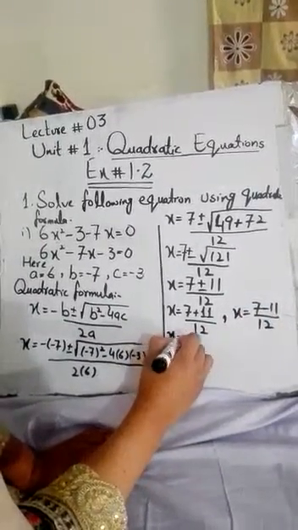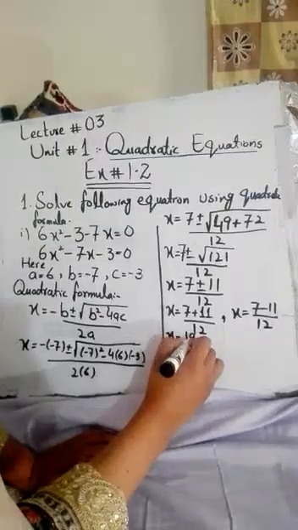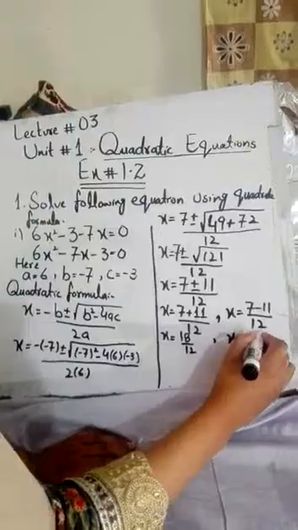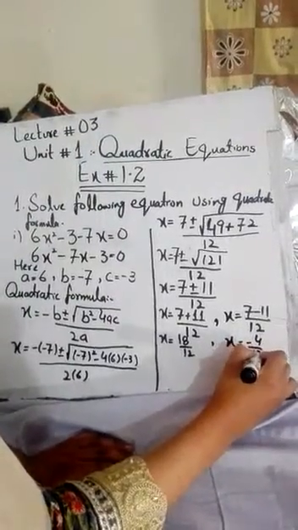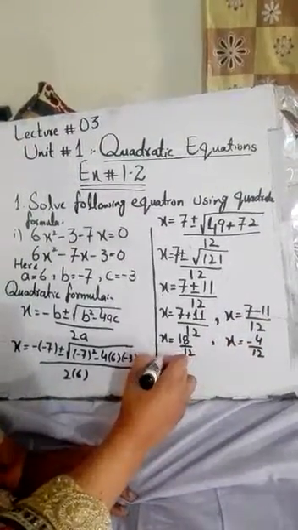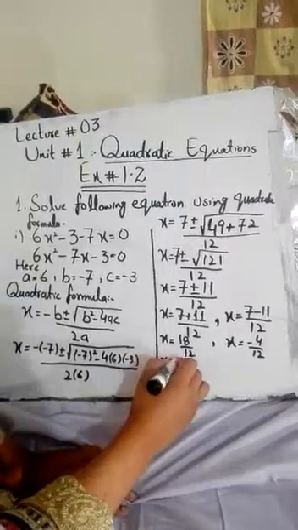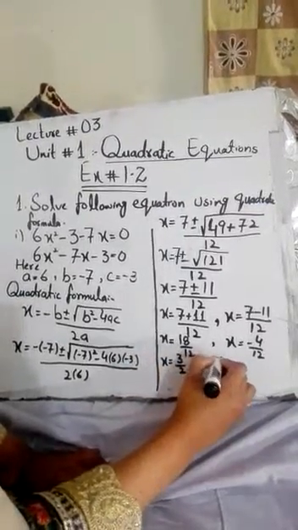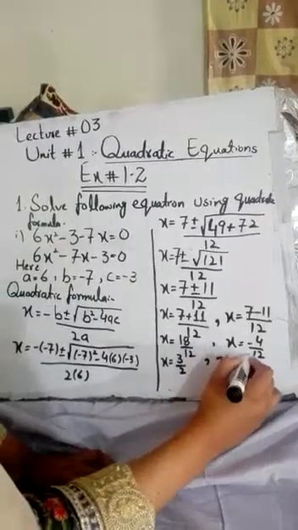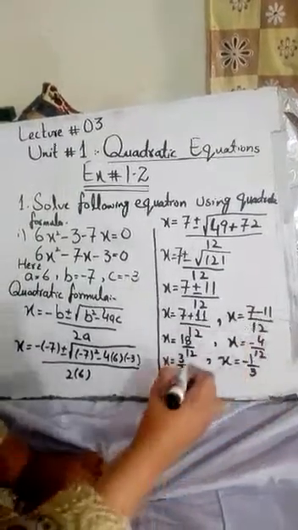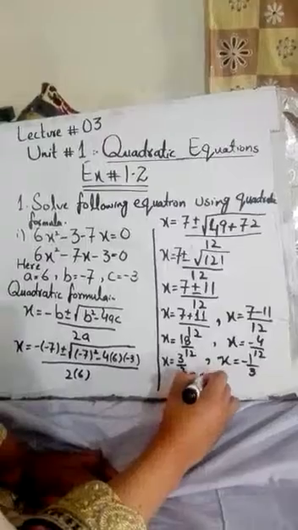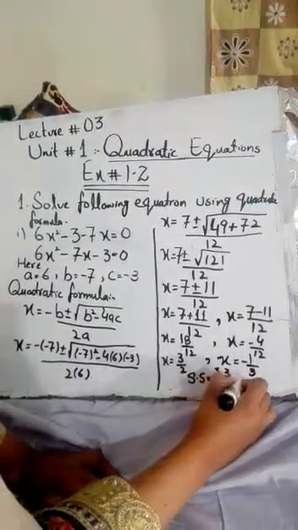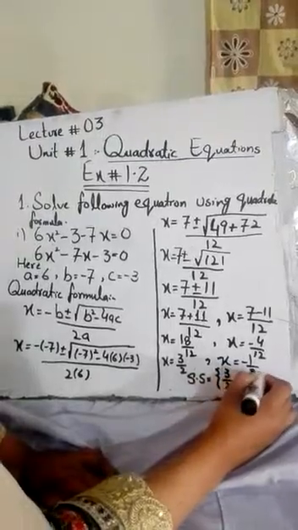So this is 18 by 12, and this is minus 4 by 12. After simplification, we will get x is equal to 3 by 2 and x is equal to minus 1 by 3. So the solution set will be 3 by 2 and minus 1 by 3.